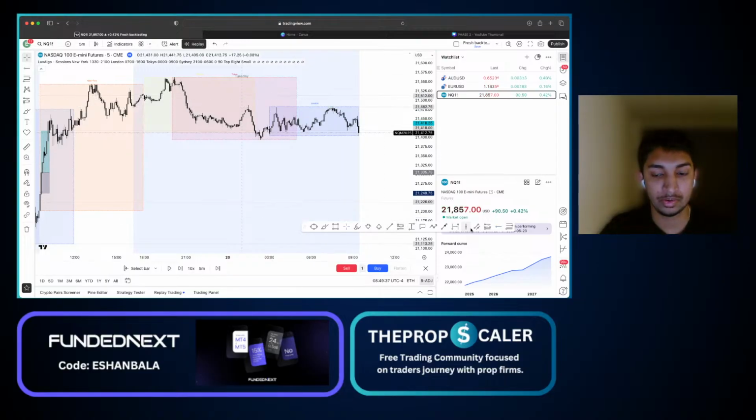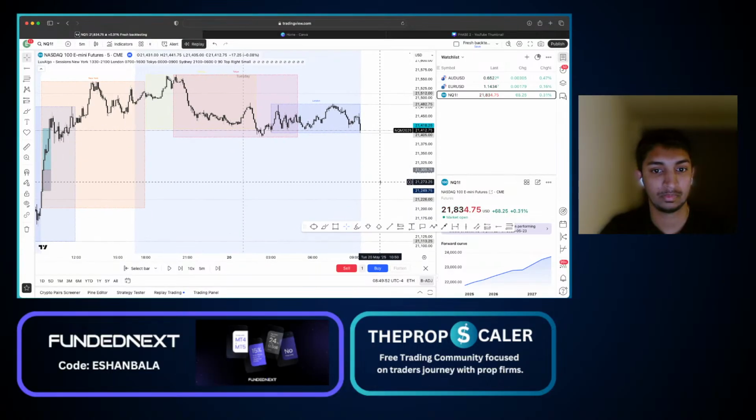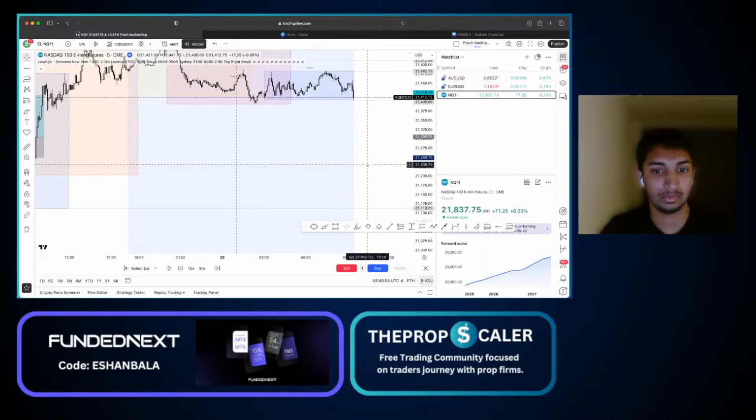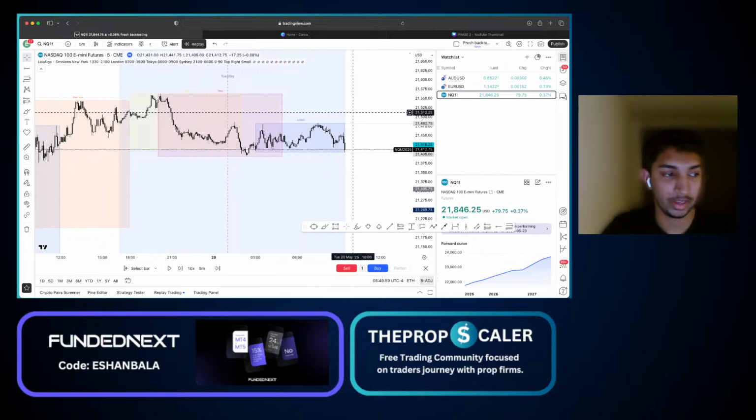London low would be this current candle. Can get rid of these lines. I like to make the charts as clean as possible.